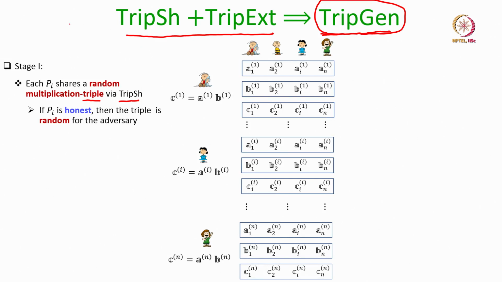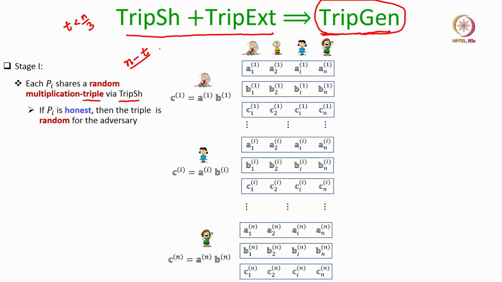Since we are working in the setting t less than n over 3, there could be up to t corrupt parties and at least n minus t honest parties. We know that there are at least n minus t multiplication triplets at the end of stage 1 which are random for the adversary.